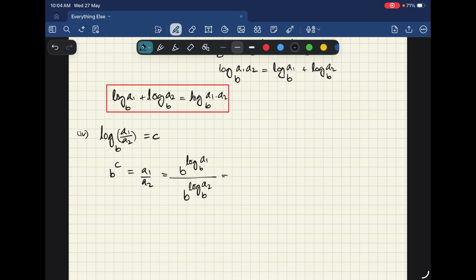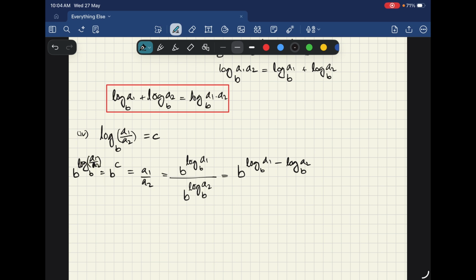And in division, powers get subtracted. So we can write this as b raised to the power log a1 base b minus log a2 base b. And on the left hand side, this is nothing but b raised to the power log a1 by a2 base b.